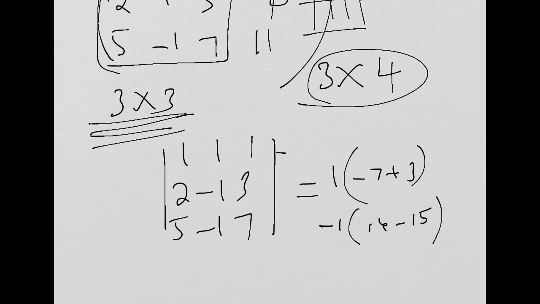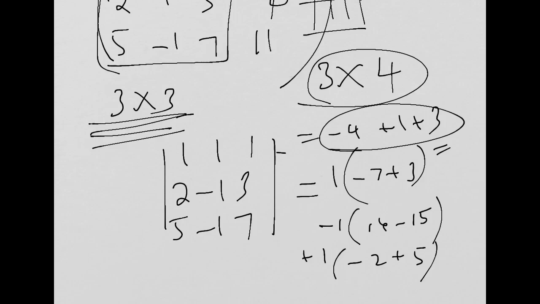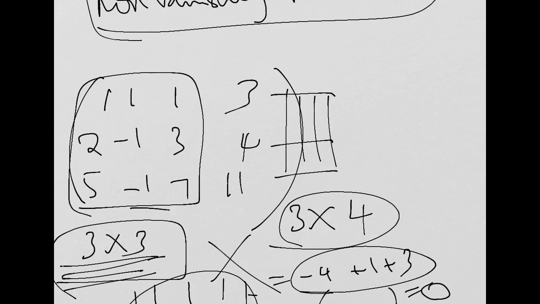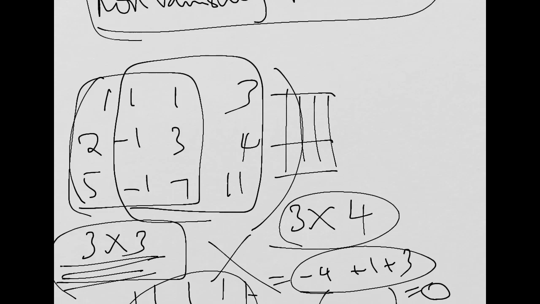Yes, sir. Once I expand, it gives me minus 4 plus 1 plus 3, which is 0. Oh, what has happened now? This 3 cross 3 minor vanished. Let me take another 3 cross 3 minor, maybe this 3, and check.